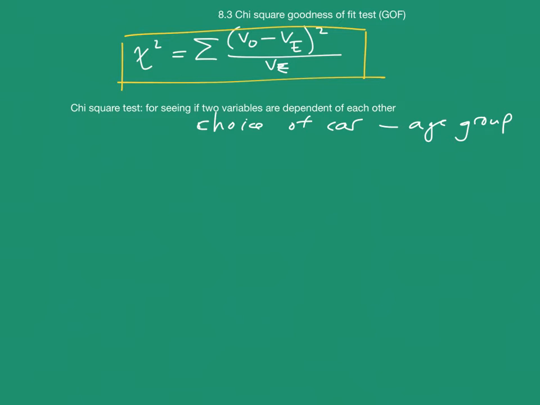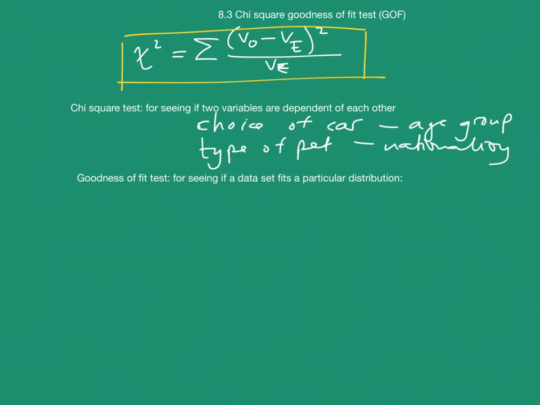Is the type of pet you have dependent on nationality, and so on. So dependence between variables.